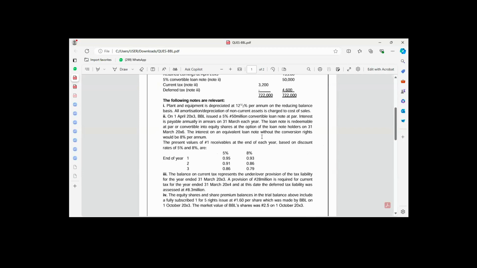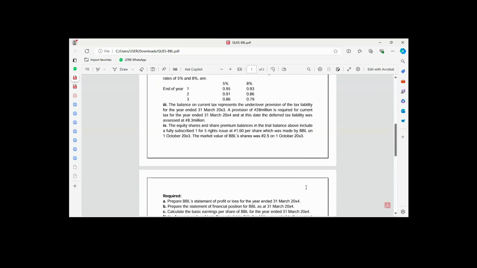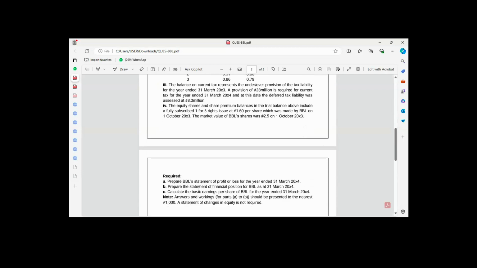Current tax for the year will be in additional information. The requirement is to prepare the statement of profit or loss for the year ended 31st March 2004. So the current tax of 2004, you will see it in additional information: a provision of 28 million is required. The deferred tax balance at the end is 8.3.